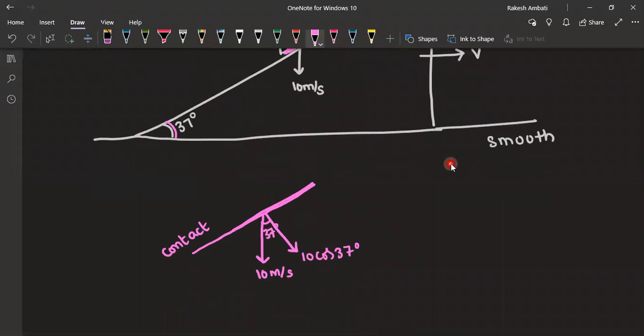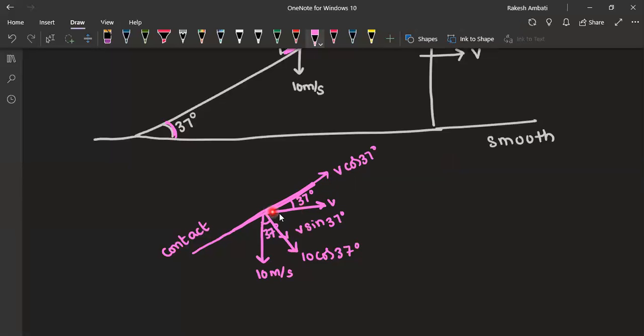With the horizontal at 37 degrees, this angle is also 37 degrees. Resolving this velocity into components, one component is v cos 37 and the other is v sin 37.